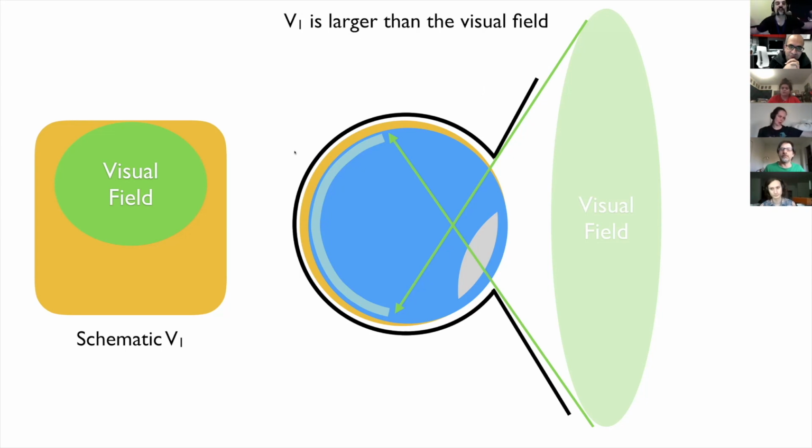So your retina is bigger than the visual field, so that no matter where your eyes go, you don't get into a retina-less part of the visual field, right?